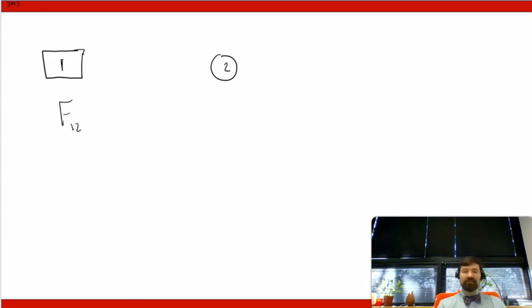So the force of 1 acting on 2 must be equal to the force of 2 acting on 1. That's object 2 interacting with object 1.